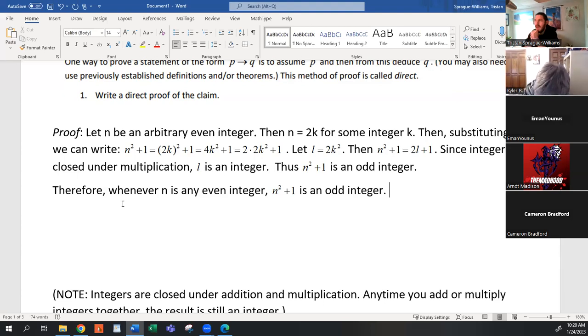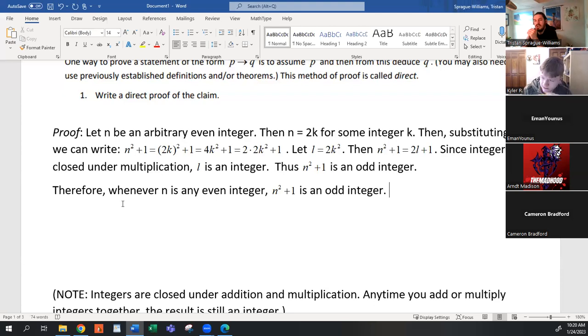How about negative 10? Negative 10 is an even integer. Negative 10 is equal to 2 times k, where k is, in that case, negative 5. So the point is that if it's possible to write an integer as 2 times another integer, that's what makes it even.